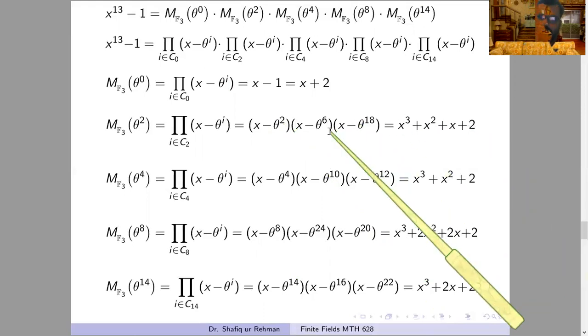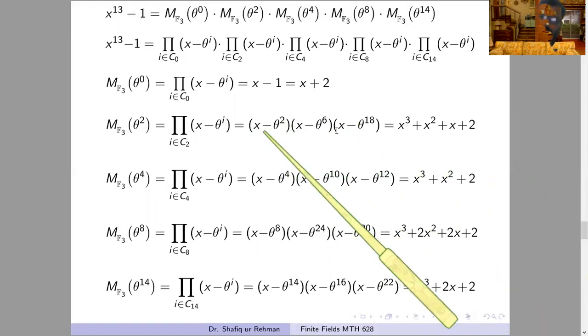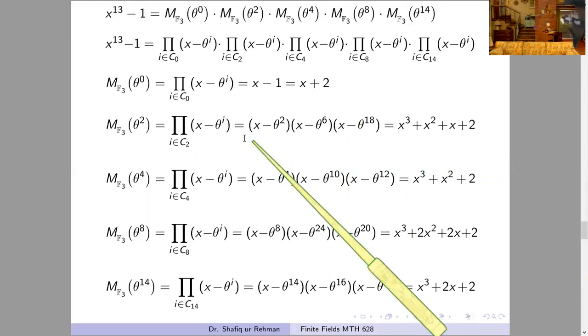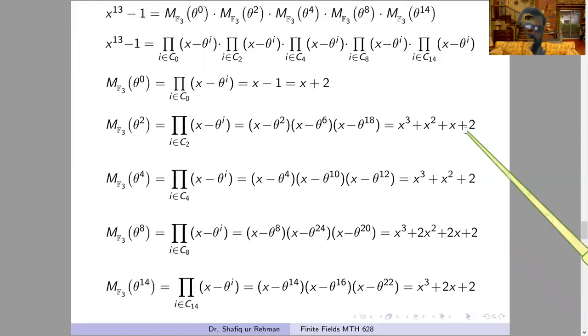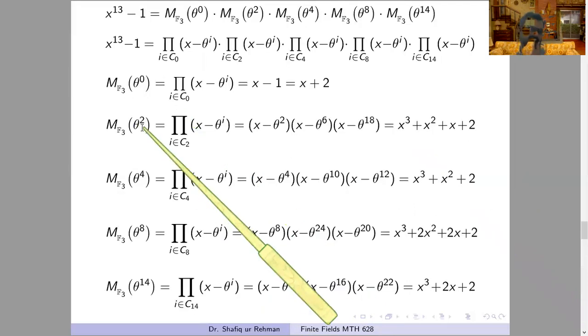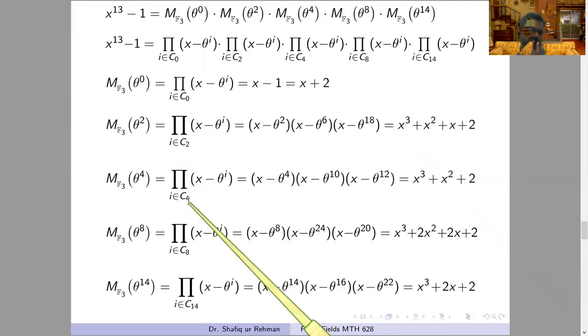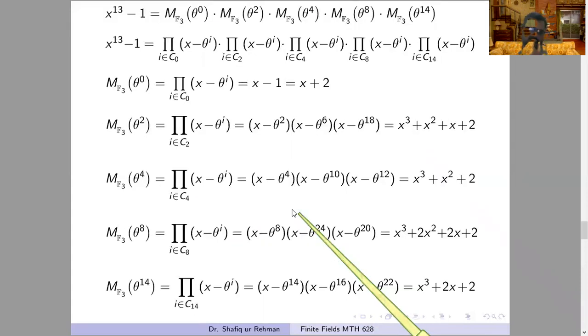It is a good exercise for you to verify all these calculations, to multiply these factors and compute the values of theta and put them here, and you will get this factorization. Similarly for others. For instance, for theta 4, i belongs to C4, and you have to note C4 equals 4, 10 and 12. Put here, and after multiplying and calculation, finally we will get this answer.